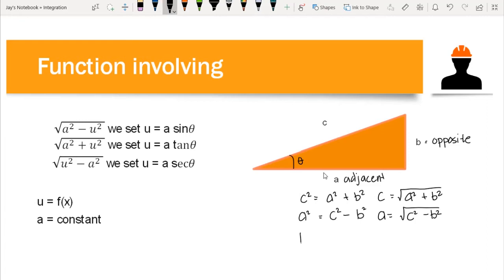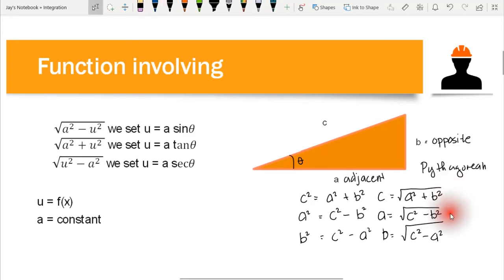And for the length of the opposite, that is C squared minus A squared, or B is equal to the square root of C squared minus A squared. So these are from the Pythagorean theorem, the lengths of the sides of our right triangle. Please review your trigonometry.